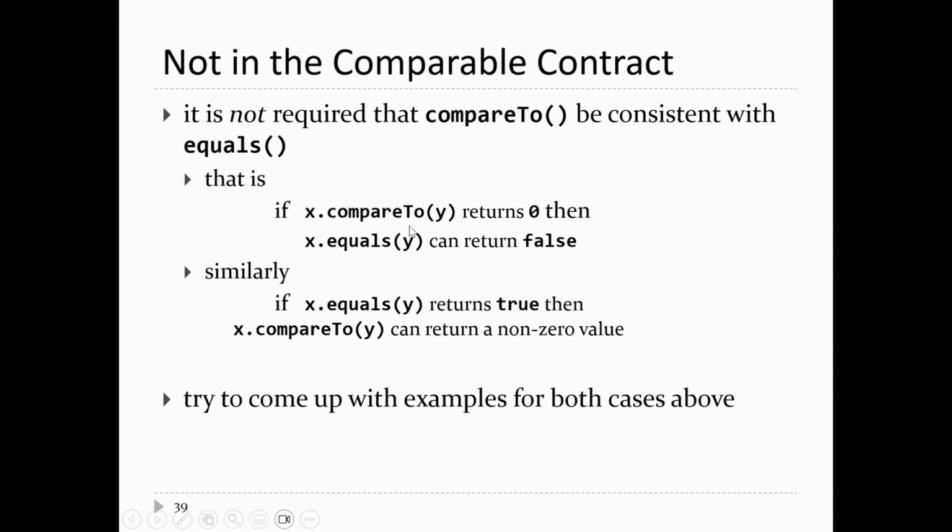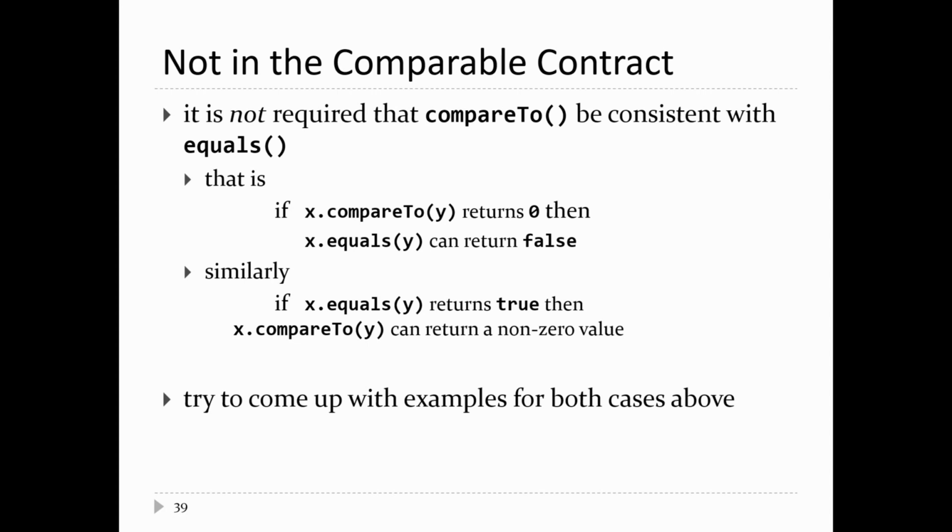You can have a compareTo method that returns 0, but equals returns false. Similarly, you can have two objects that are equal, but when you compare them using compareTo, you get back a non-zero value.